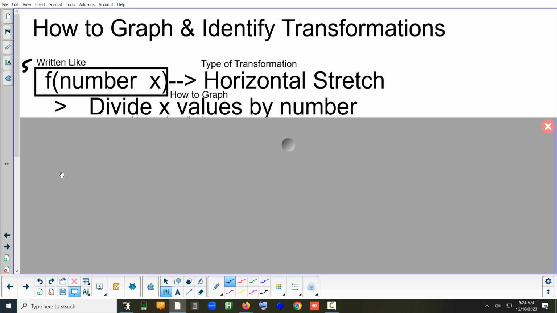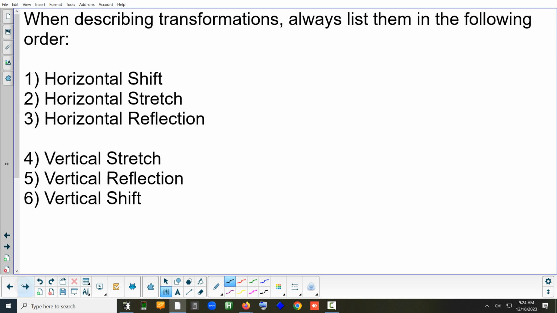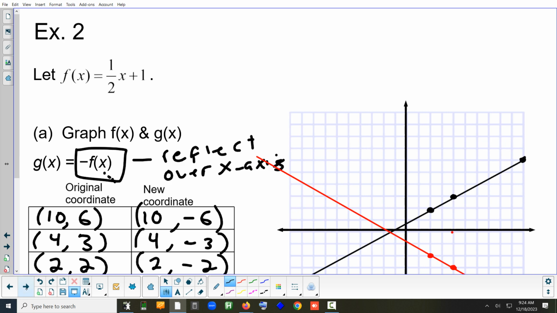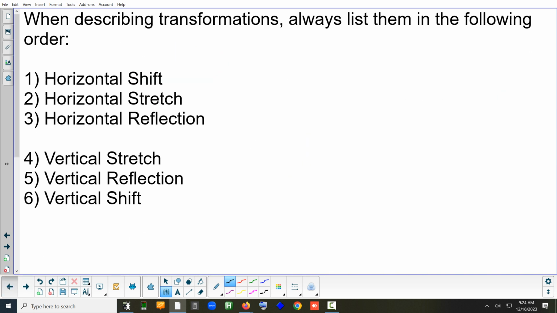So how do you do a horizontal stretch? Well, anything horizontal is going to change the x values. On the last couple problems we did, we changed the y's. These are all going to change the x's.